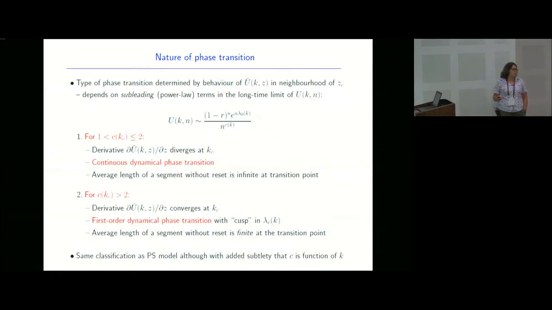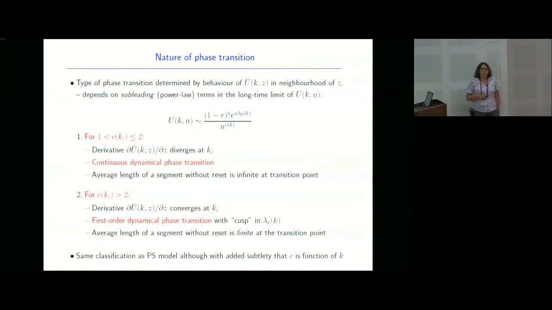So I'm going to write my generating function for the no reset loops in the scaling form of a part which has the long time behavior of the no reset process, 1 minus r to the n for the probability of not resetting, but then some short time corrections in this power law form.